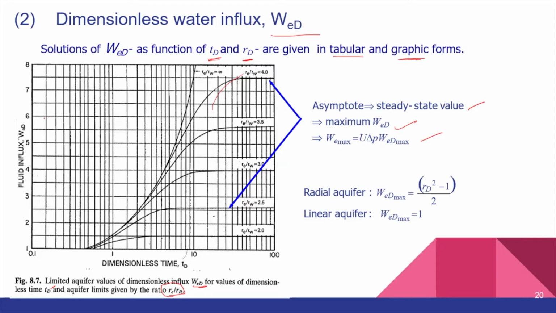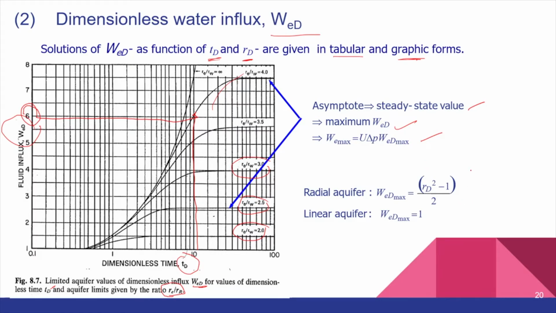So from the graph here, you have WED and the axis is dimensionless time. So you can see from the graph here the different values of Re over Rw. For example, you have Re over Rw of 4, and then you have your time here, TD. So you just read the graph like that, and you will get the WED, which is 6 for this case.